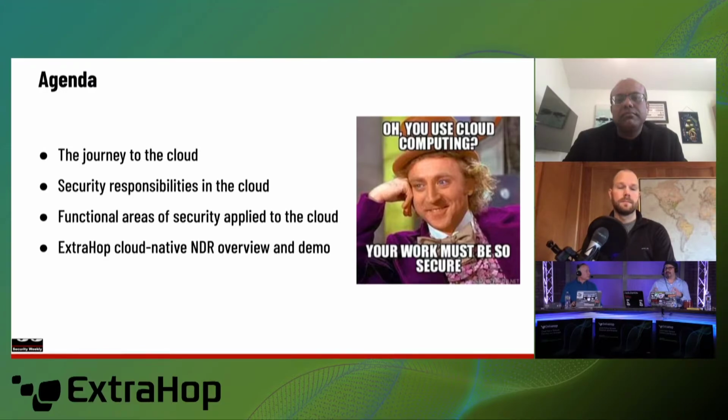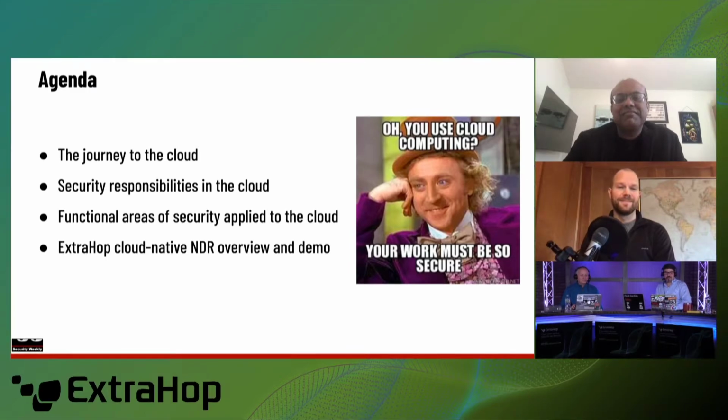So those slides at the onset may look very familiar, but the content inside of them has changed, such that we're going to take two of our matrices and talk about how they relate to the cloud. Which Matt was like, where's the information on how we do it? I'm like, wait, it's here. It's there. It's here. And then ExtraHop, of course, is going to talk about the cloud native NDR, an overview of that and architecture, and then also a demo.